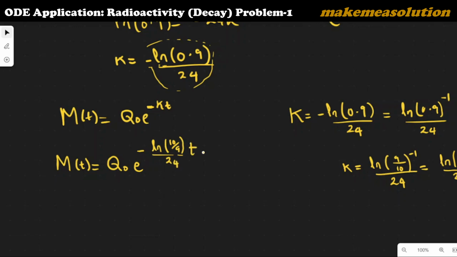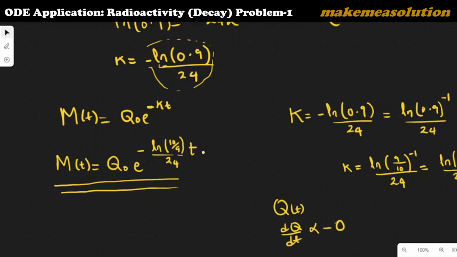So this is the equation for the amount of substance that actually remains at any time. Take note, someone else would have solved this particular question using q of t, with dq/dt proportional to minus q. Someone else would have taken this approach so that everything would be uniform in q naught and so on.